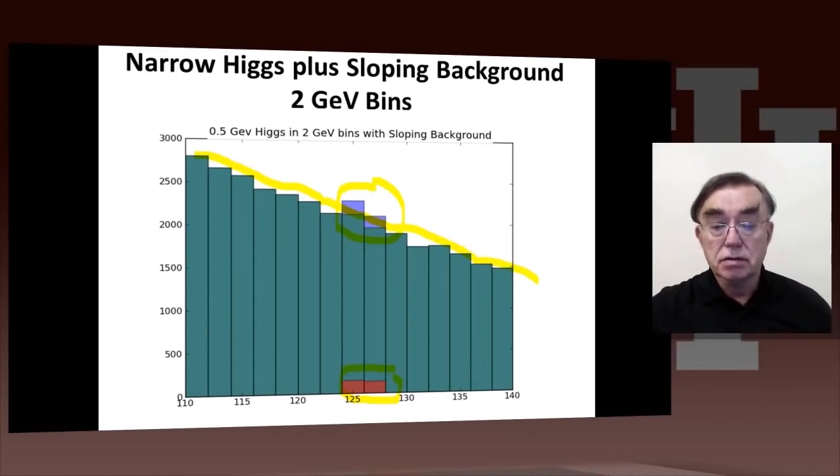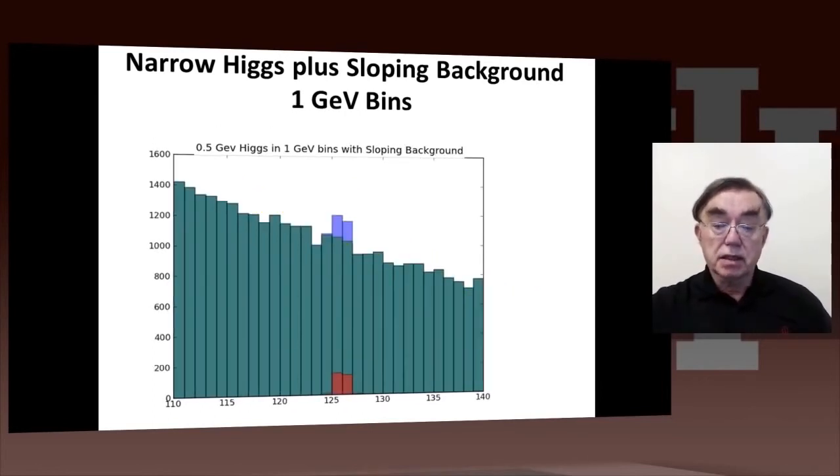Now this is a little dramatic, but if our error was half a GeV, we didn't actually do quite the right histogram. It would be better to do this histogram with somewhat smaller bin size. And so here's the same data, but plotted in 1 GeV bins, so twice as many bins.